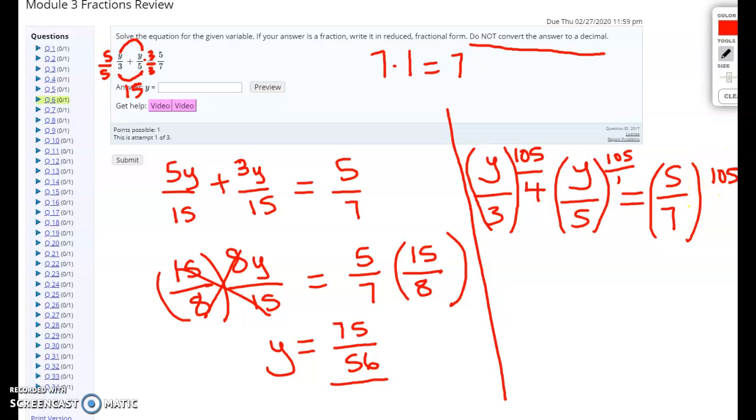So that would have worked. The reason you can do this and it doesn't have to be 5 over 5 is because you're multiplying every single term, so you're proportionally changing the equation and the value stays the same. Again, at the beginning, we could do 5 over 5 because that's just multiplying one term by 1. Okay?